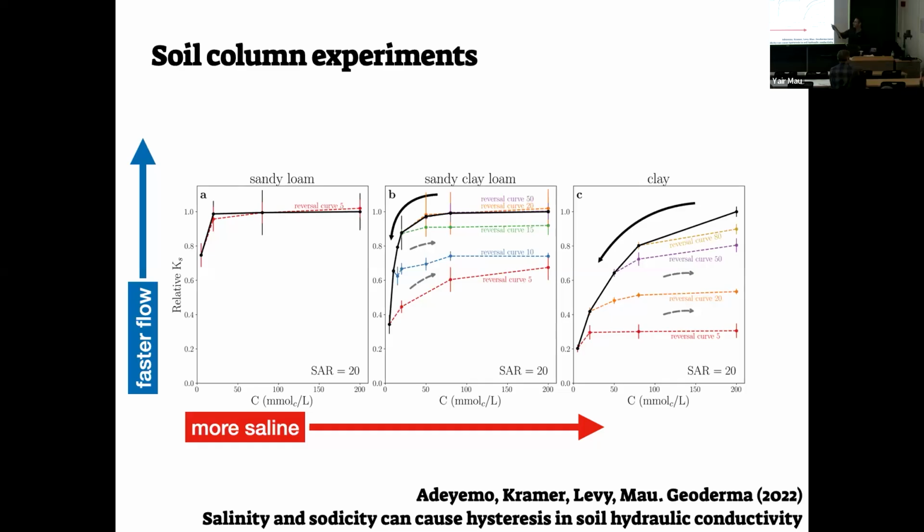Yeah, every point in those graphs is after equilibration. So we are here, and then we exchange the bottle with a different kind of water. In this case, the same fraction of sodium, so to speak, but smaller concentration.